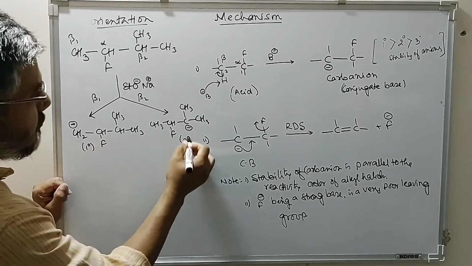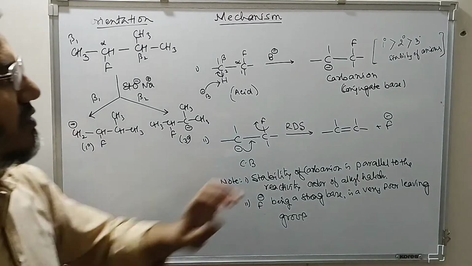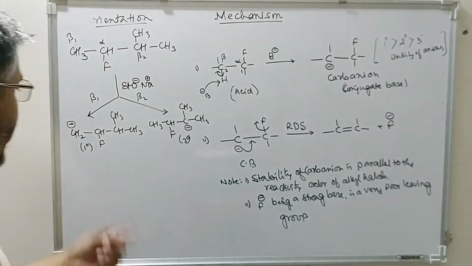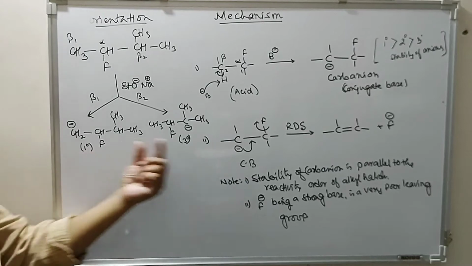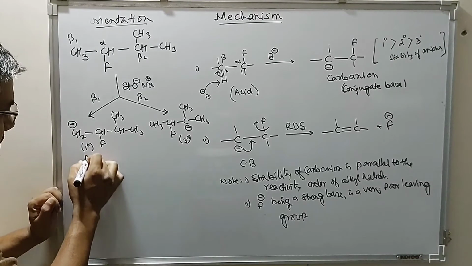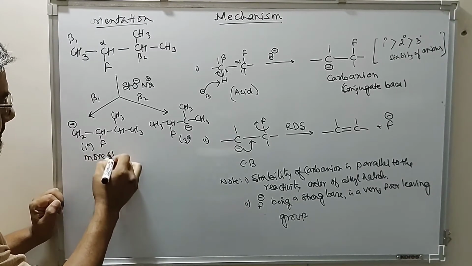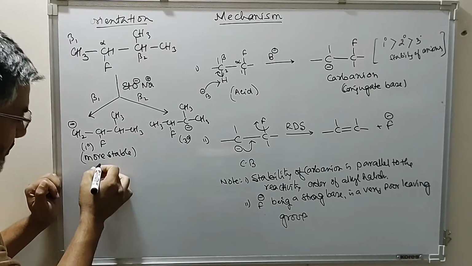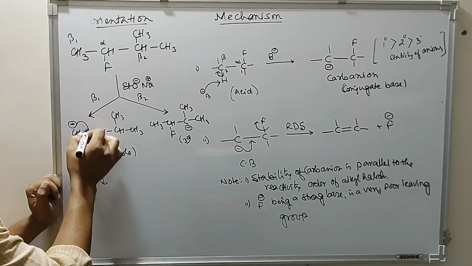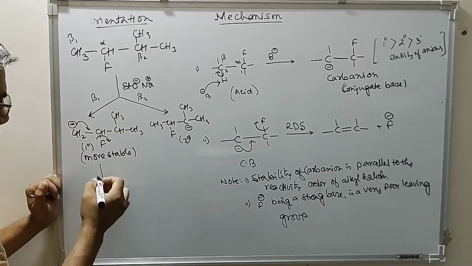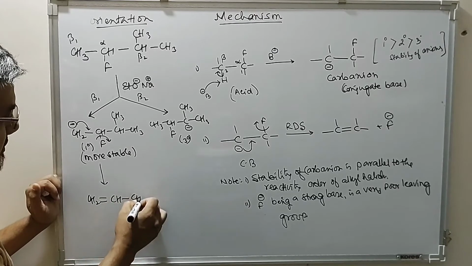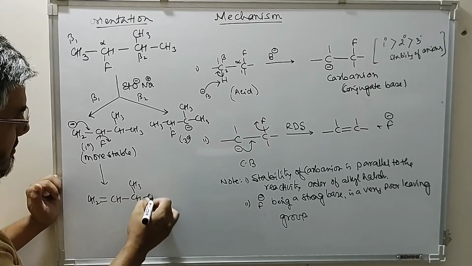We have just discussed that in the stability order of anions, primary is the most stable and tertiary is the least stable. So we have a primary anion and a tertiary one, and the primary is more stable. Now, this being the more stable, elimination from this side will give you the major product, that is CH2 double bond CH, CH3, CH.